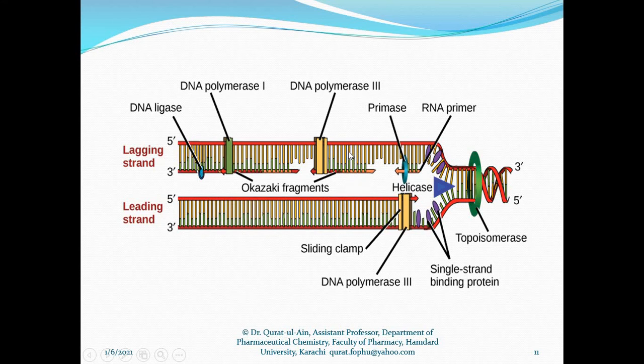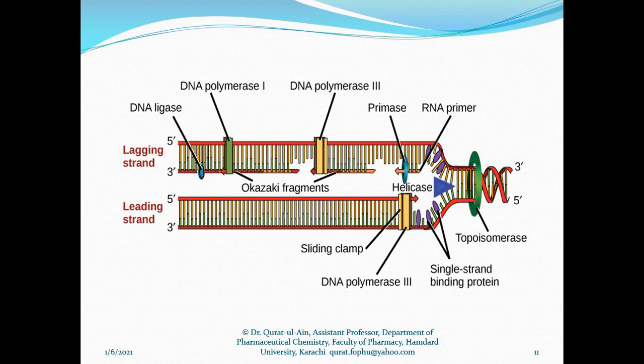So how does this DNA polymerase overcome this difficulty? DNA polymerase 3 overcomes this difficulty by synthesizing the DNA in short fragments. These short fragments of DNA that are synthesized by DNA polymerase 3 are termed Okazaki fragments.